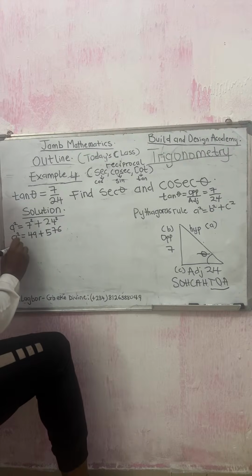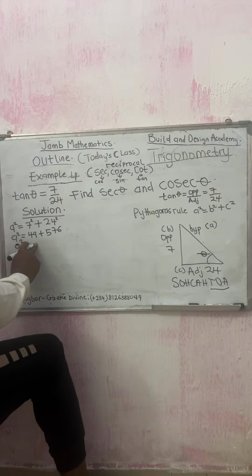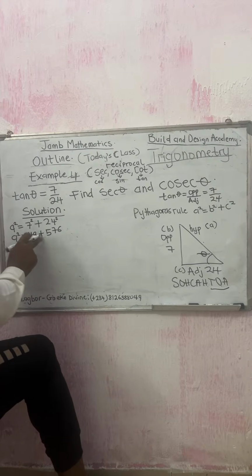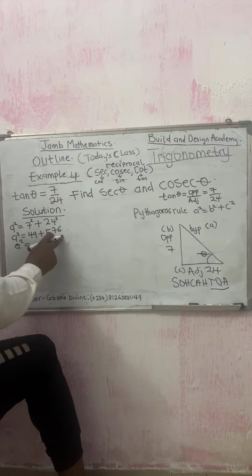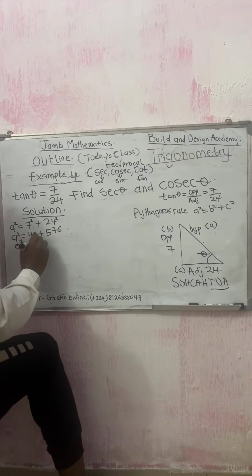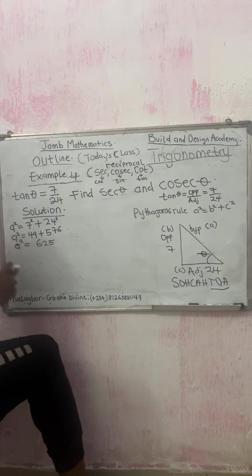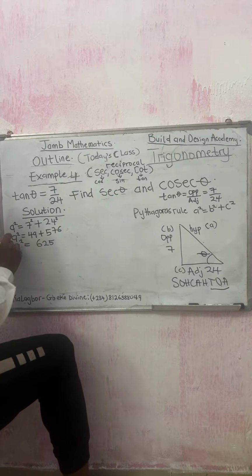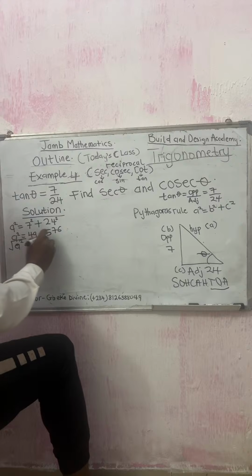Now we have a square is equal to 49 plus 576, which gives us 625. To eliminate this square sign, you simply take the square root of both sides.